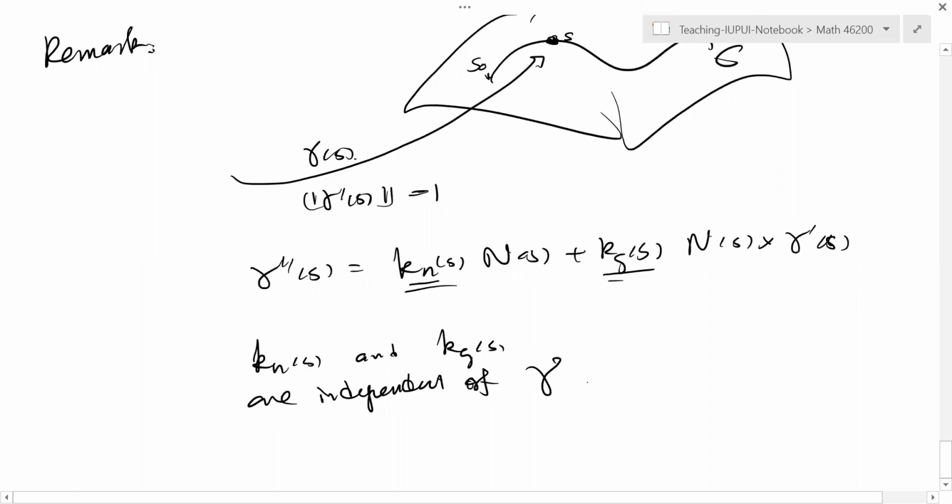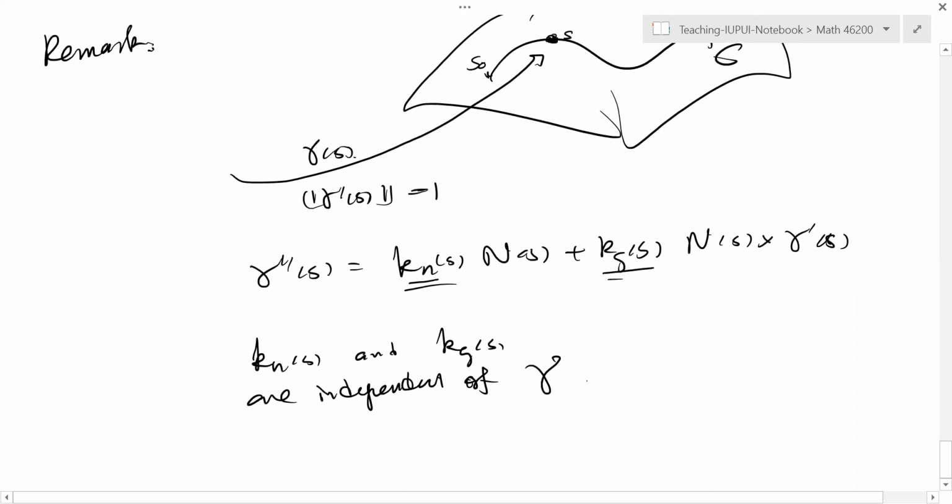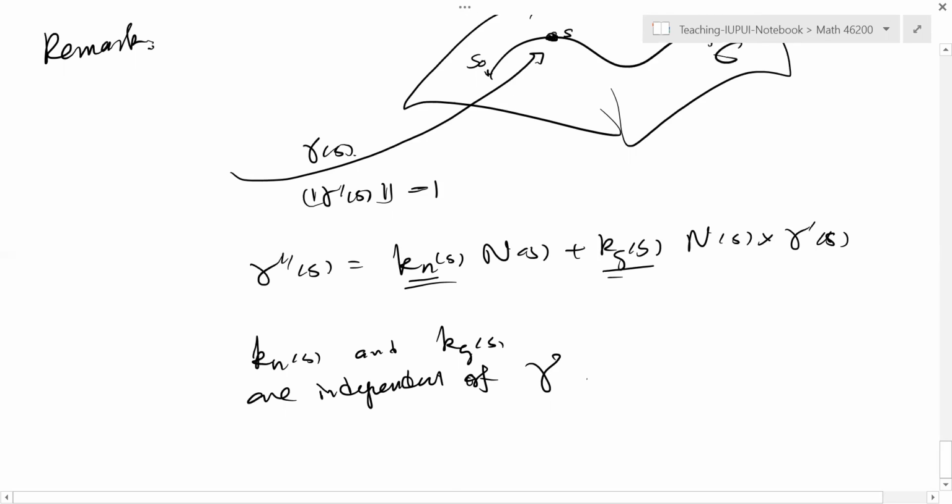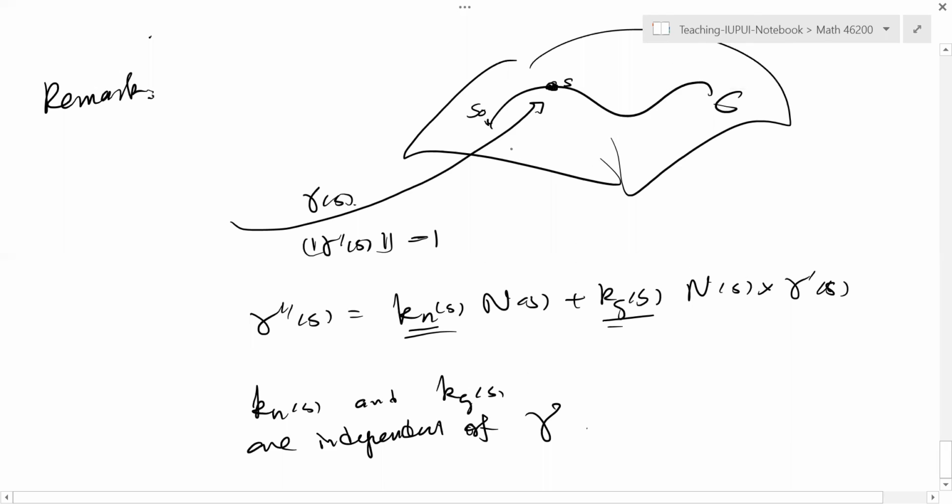That should be independent of the particular parameterization. Another parameterization is essentially the same, gamma(s) maybe equal to gamma(s plus some lambda), depending on where you start.